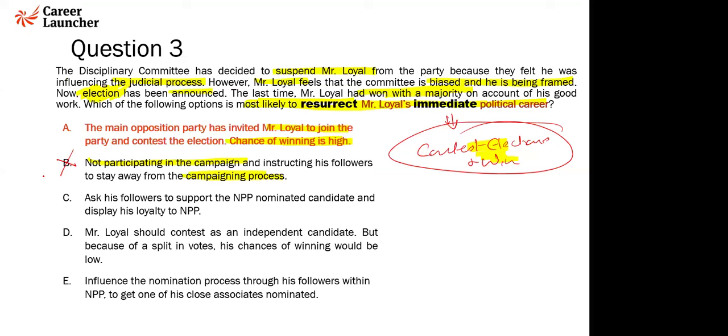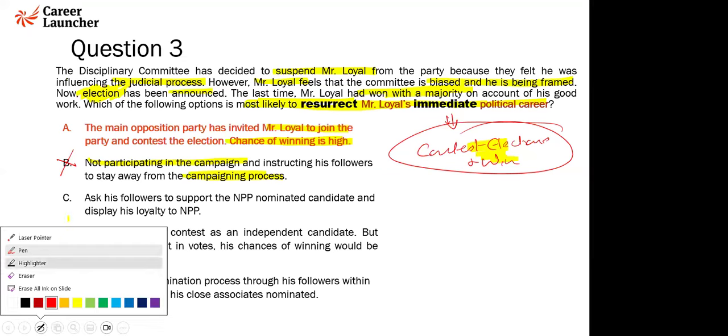Someone else will win and go into the Lok Sabha, Rajya Sabha, or the state assembly, and Mr. Loyal will be left on the wayside. So participating, contesting and winning is the key thing, rather than just sitting outside.